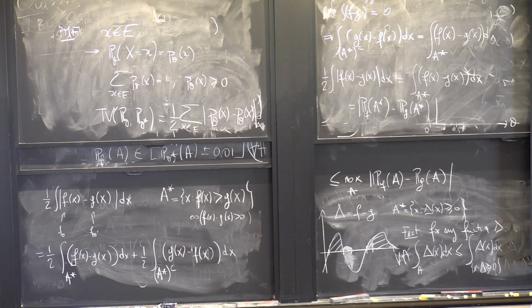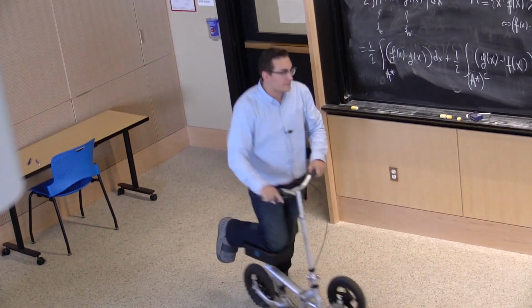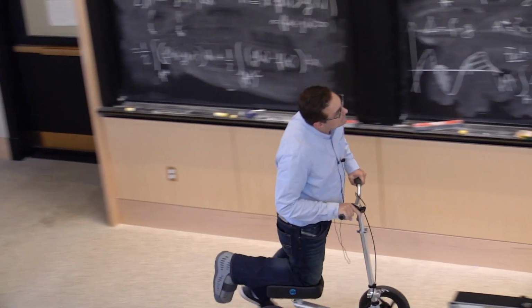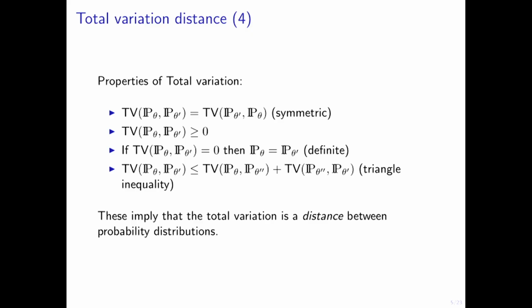All right, so now we have this notion of distance between probability measures, right? I mean, these things are exactly what, if I were in a formal math class, I would say are the axioms that a distance should satisfy.